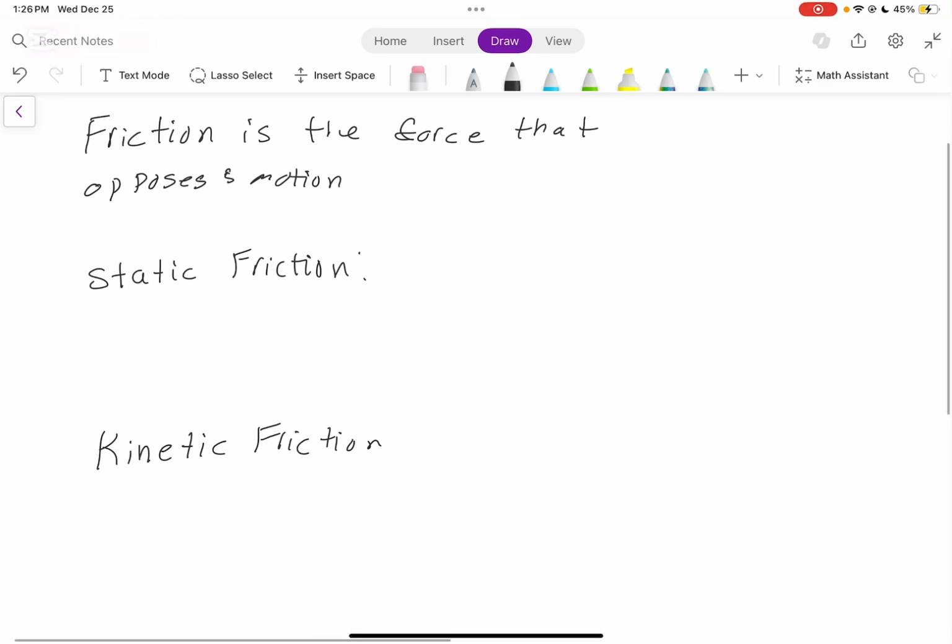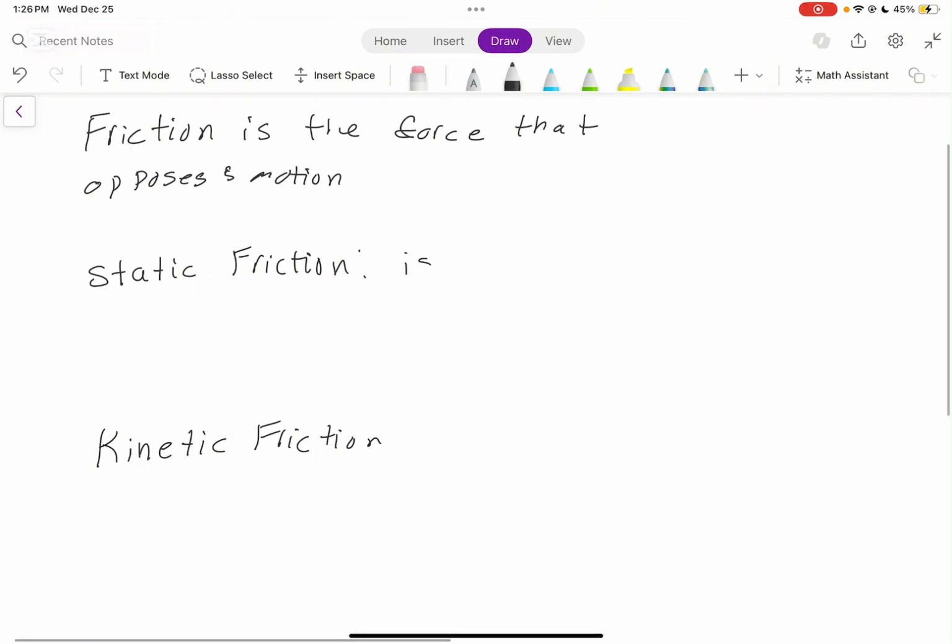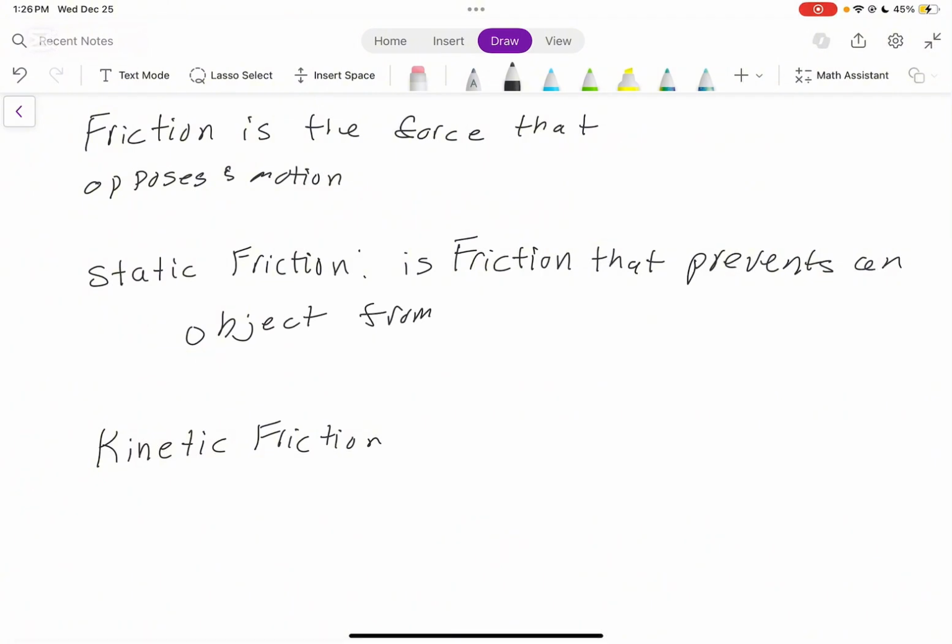So static friction is friction that prevents an object from moving.